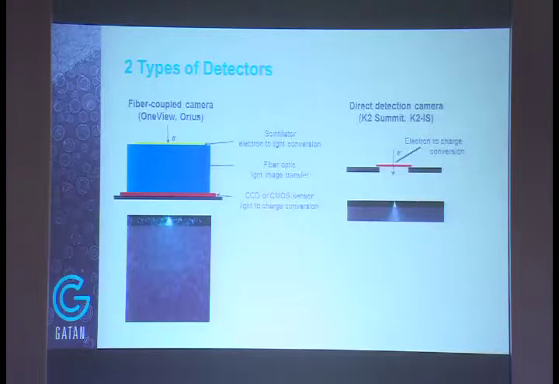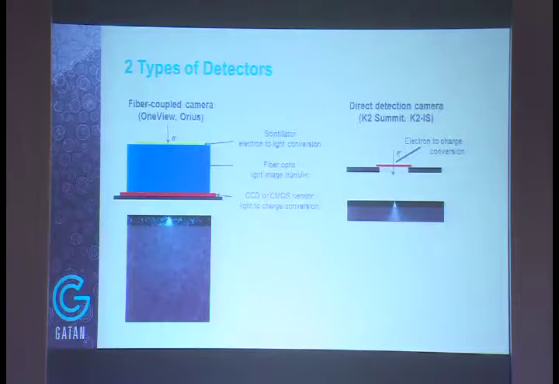Whereas with a direct detection device, you can see that the electrons pass through the device, and there's a very narrow region which actually does the detection of the electrons. This gives us a much sharper, more precise estimate of where the electrons struck the sensor. And so this gives us improvements in resolution, things like that. And that's true for all direct detection devices.